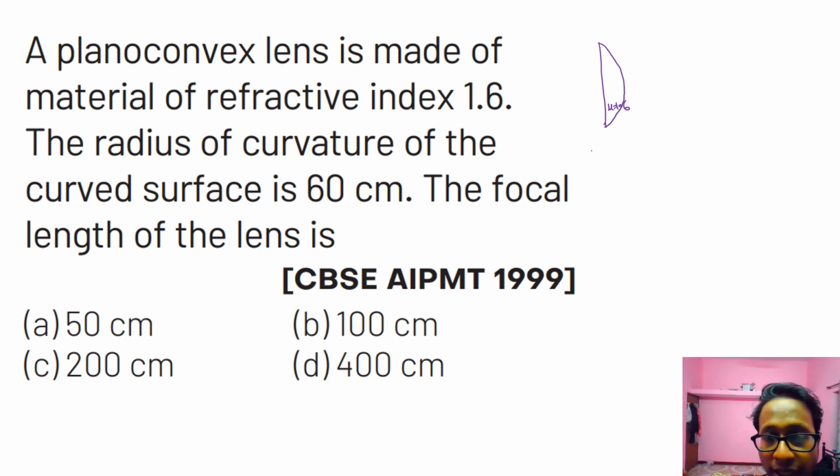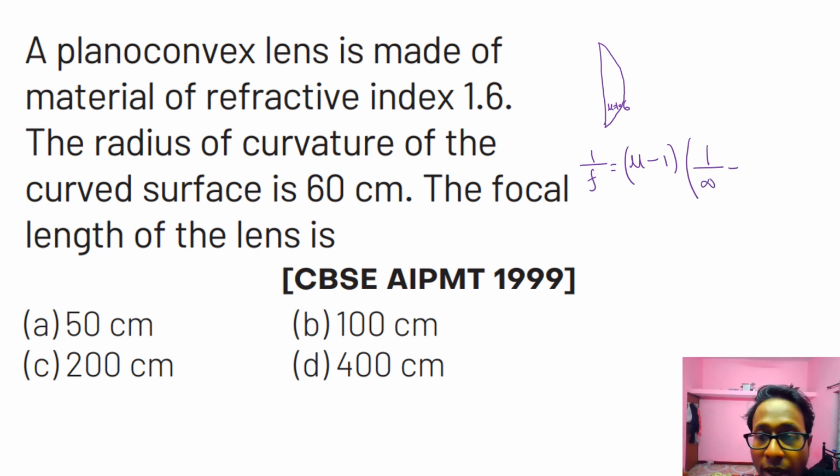So I can simply apply the lens maker formula. 1 by f is equal to (mu L by mu M minus 1) into (1 by R1 minus 1 by R2). I am assuming the medium is air out here. What is the value of R1? Infinity.